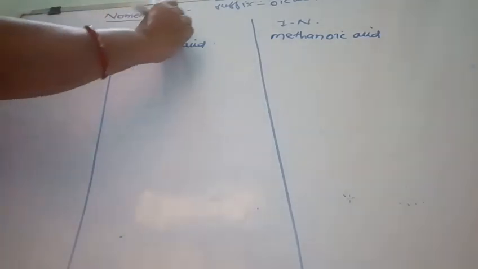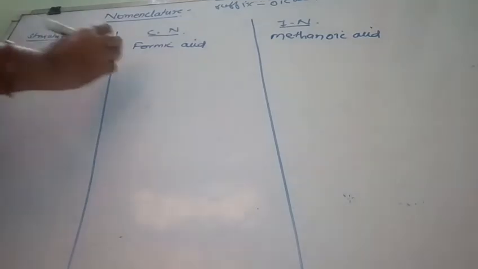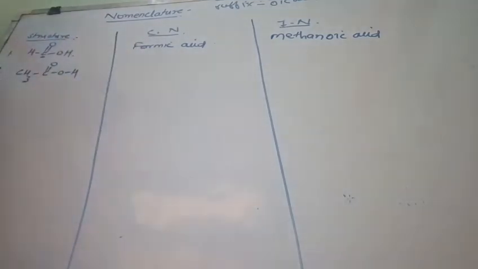Here many questions are asked in your competitive exam based on their common names. Therefore, common name is as important as IUPAC name in the case of carboxylic acid. So, very first member is formic acid. Then the second member is CH3COOH, 2 carbon containing carboxylic acid, and it is derived from the vinegar.